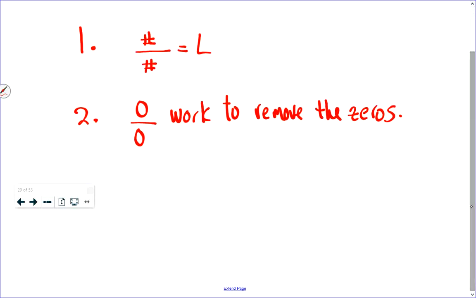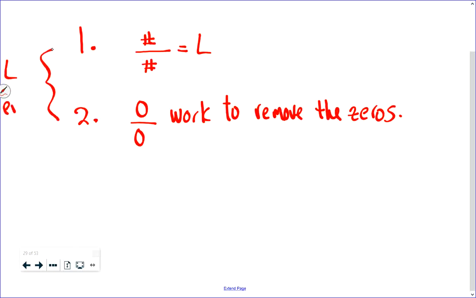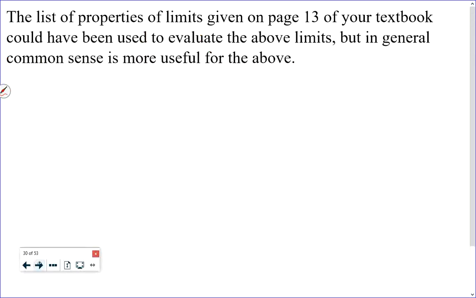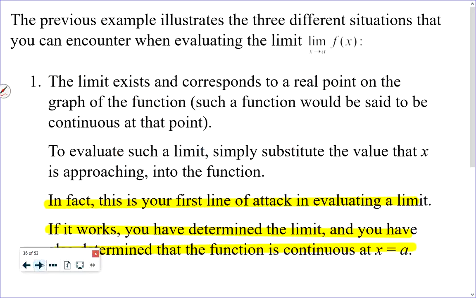And whatever you're left with, when you put the value of x in, that will be the limit. So both of these, the limit exists. The third case, of course, is when you have a number that's not 0 over 0 and the limit does not exist in that case.